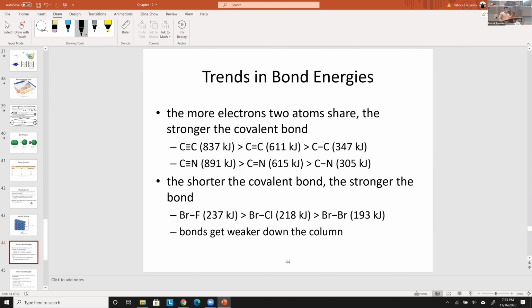It represents the number of bonds, meaning the larger the number of bonds, the larger the bond energy. Triple bonds are bigger than double bonds, which are bigger than single bonds in terms of energy. That brings them closer together. And again, if they're closer together, that also determines the bond energy.